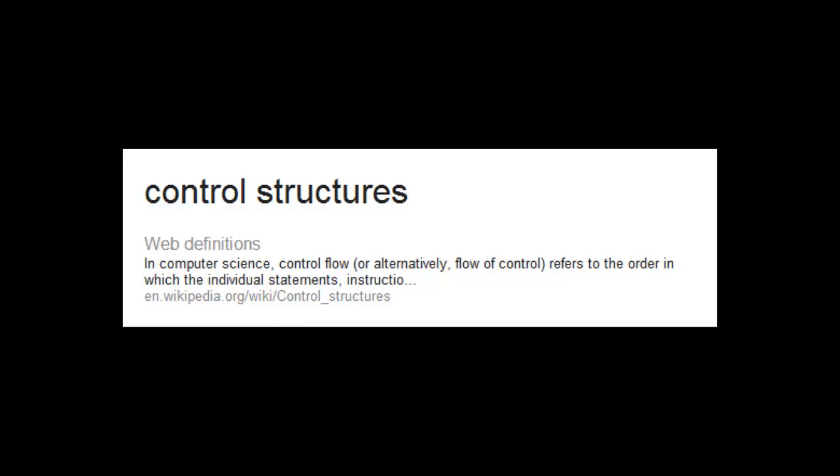The next one we're going on to is control structure, because I don't want to keep going on and on about the other one until we actually do the programming. As you see, the web defines it: in computer science, control flow refers to the order in which individual statements or instructions are executed.